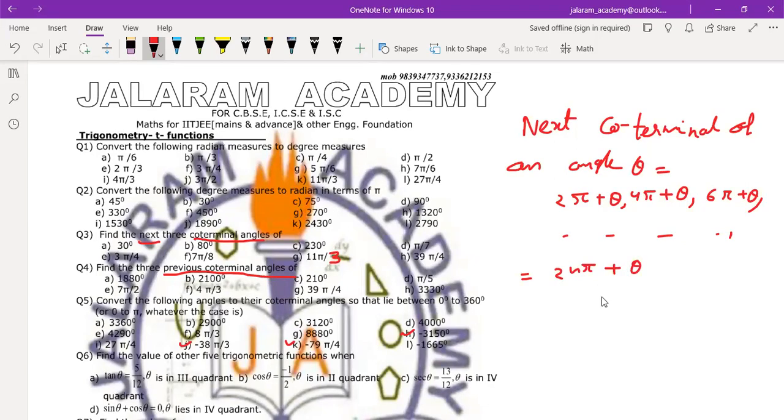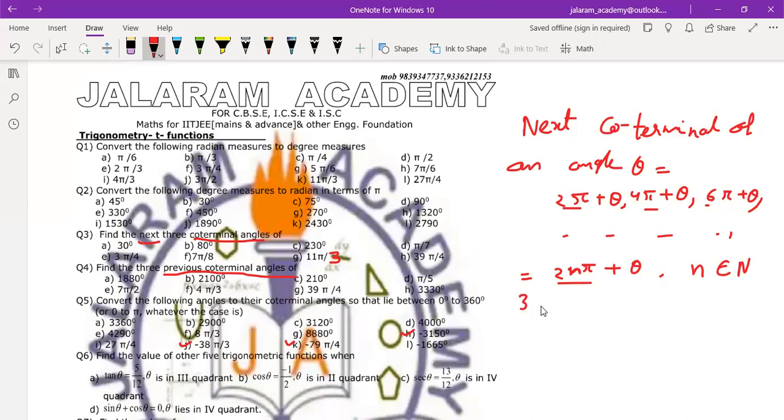Here we have used the property of even numbers. 2, 4, 6 are even numbers and they are denoted by n, where n belongs to natural numbers only. Natural numbers means positive integers 1, 2, 3, 4. So 2 pi, 4 pi, 6 pi are all the next coterminal angles of theta.